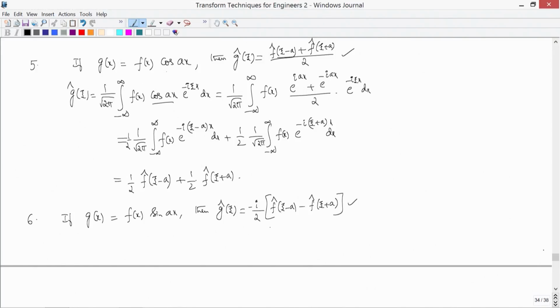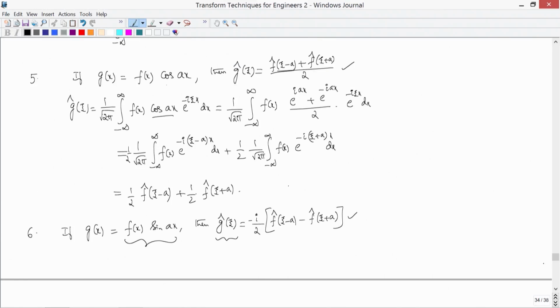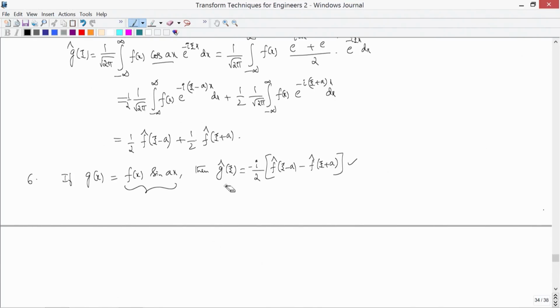So G cap of xi is what you get. Now you see that this has a real part and a complex part. This is a complex number, right? Yeah, that is fine, it does not matter, this is your Fourier transform.